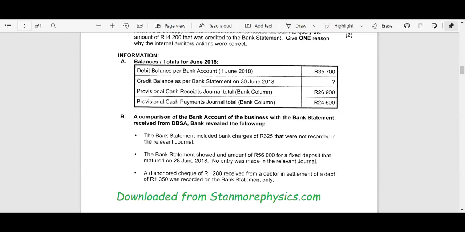No, it only shows the question paper. Oh, it only shows the question paper. All right. Let me stop sharing and reshare.